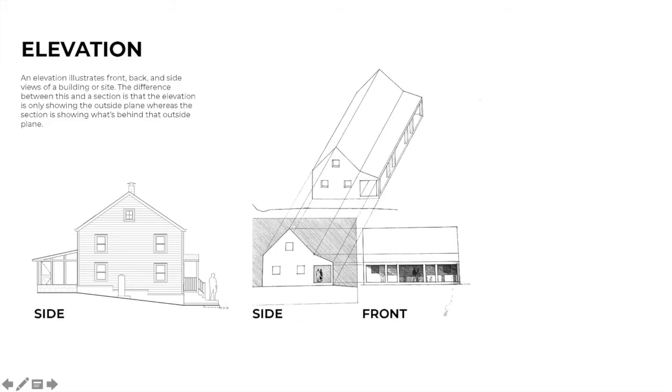In Frank Ching's book, here's another example of looking at the side of a particular building, looking at the front. This is a simple gable house with a shed roof attachment to it, and you can see the foreshortened, angled edge of that extension shed roof over the porch.